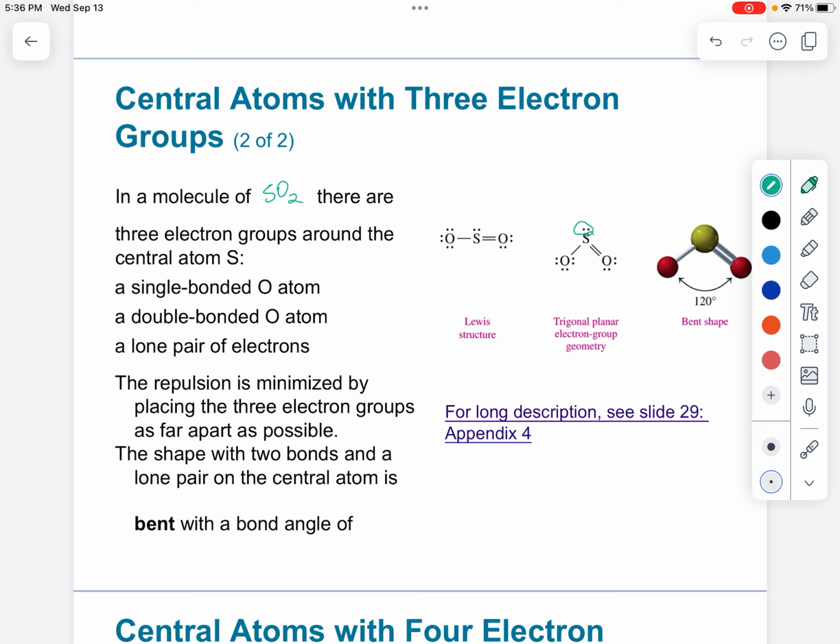This unbonded pair of electrons influences the geometry of the molecule because it causes repulsion to those other electron groups. So what we would say is that this has 3 electron groups. In that table, we would say it has a steric number equal to 3, but it has 2 bonds and 1 unbonded pair.